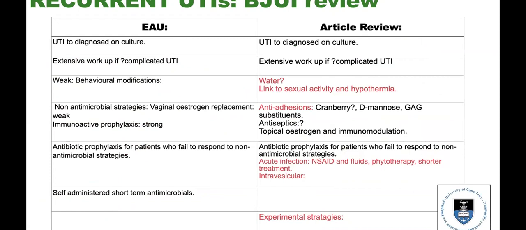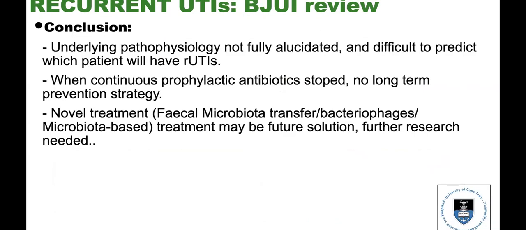This was a table that I put together to compare the different notions that our guidelines and this article had put together. Most significantly, the behavioral modifications that they felt were quite significant, the addition of NSAIDs, and the experimental strategies.